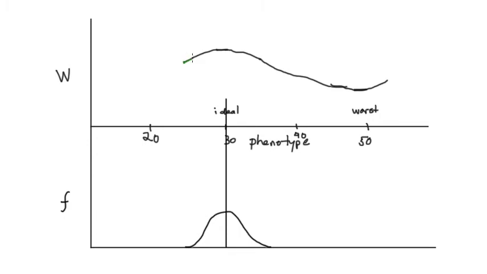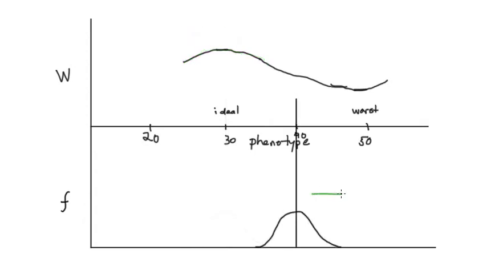Yeah, stabilizing. Now, would you ever expect this population to evolve towards the phenotype with the worst fitness, here 50 centimeters? Of course not. Natural selection makes a population evolve toward the optimum phenotype, never the worst one.